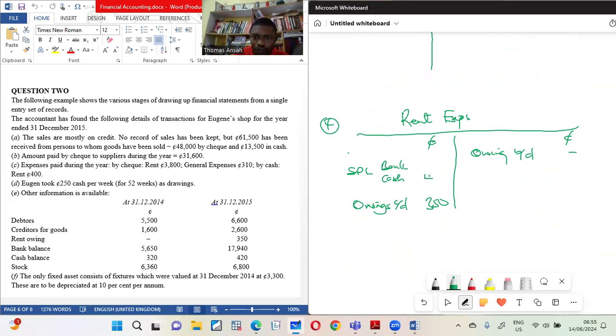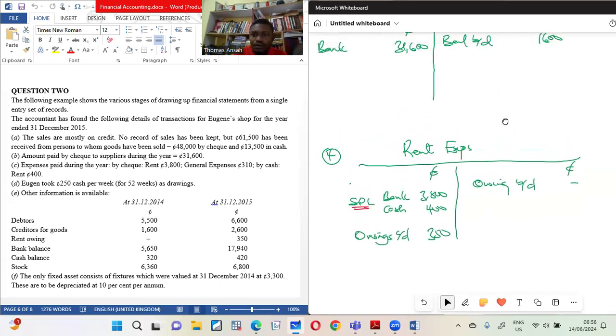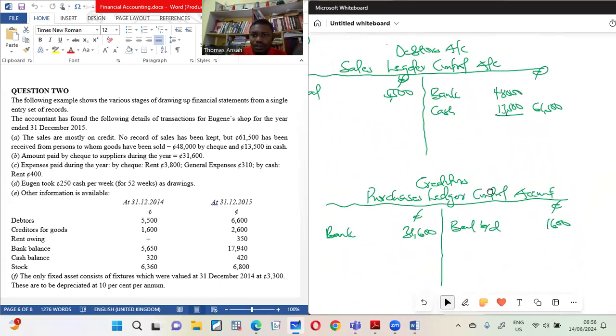The cash one was 400. The bank one was 3,800. All right, so that is it. And these are the ones going to our SPL. All right, so that is that. Okay, so be careful about how these things work. Okay, so now let's go in here.